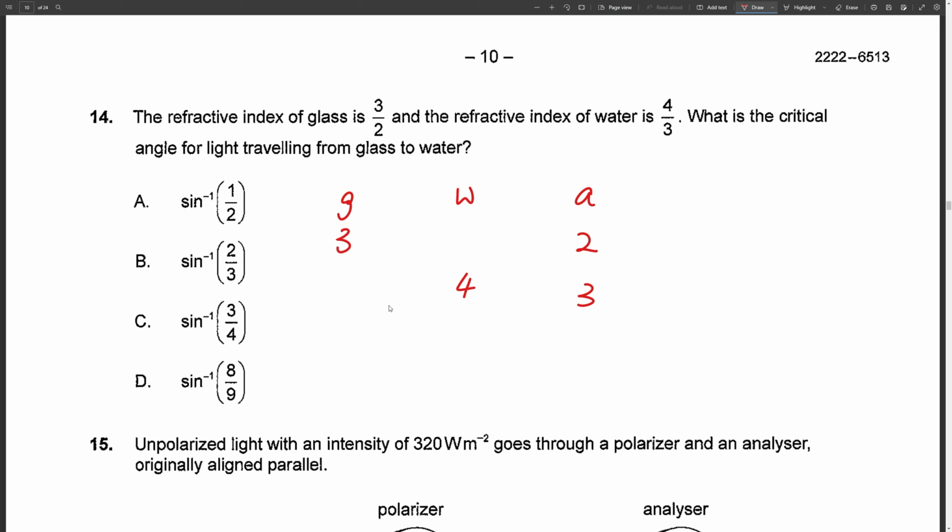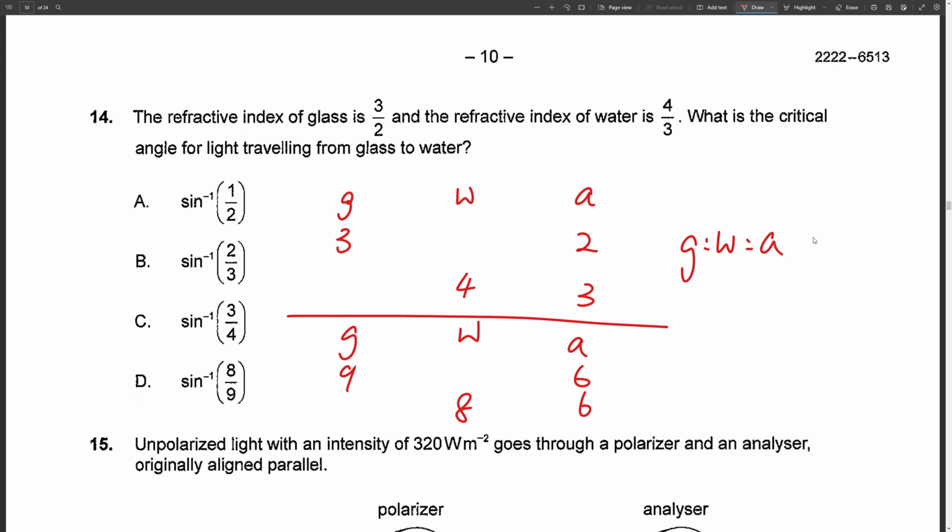So this could be simplified as glass, water, air. They are also in the ratio of 9 to 6 as well as 8 to 6. That's how we link them together, because right now you can tell the overall ratio of glass to water to air is 9 to 8 to 6.